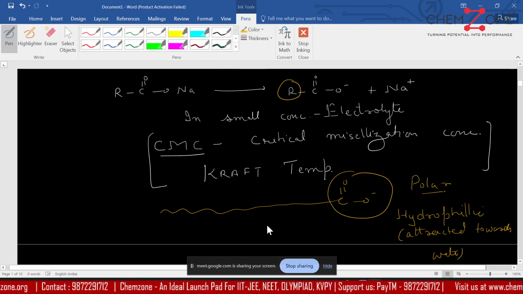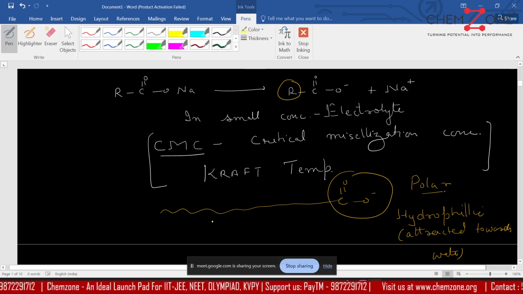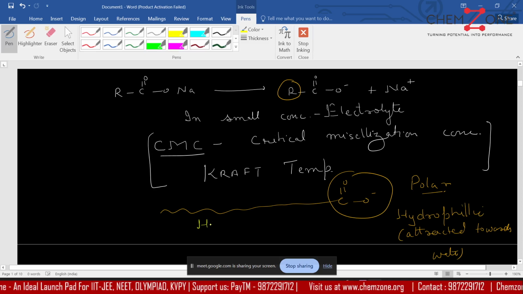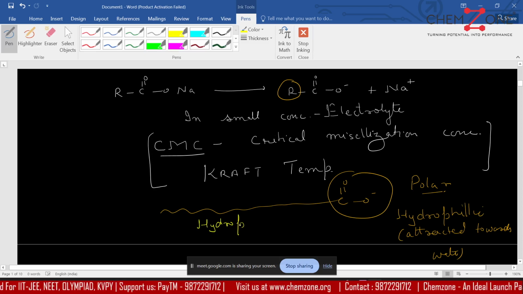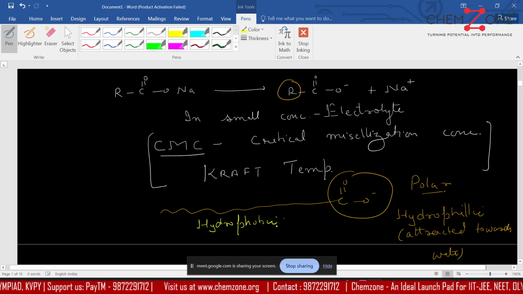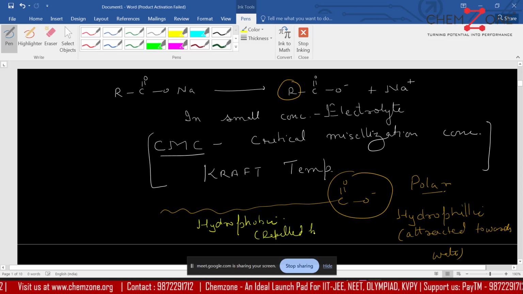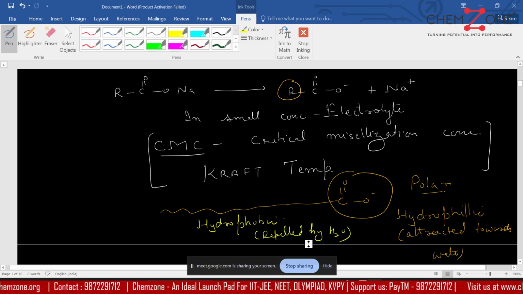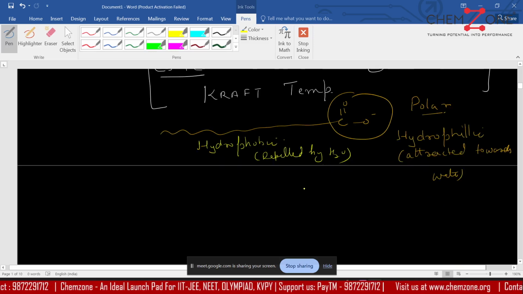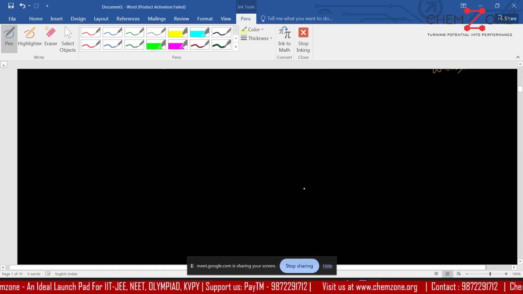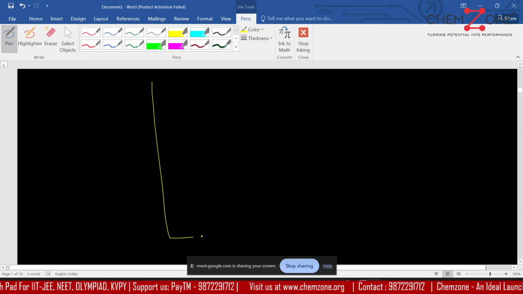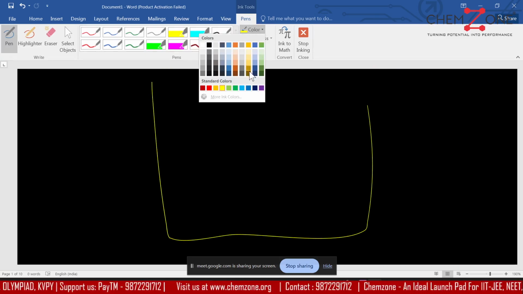And this long chain carbon part is repelled by water. This is called the hydrophobic part. Hydrophobic means repelled by water. At the CMC level, what happens here? Suppose this is my bucket which contains water.